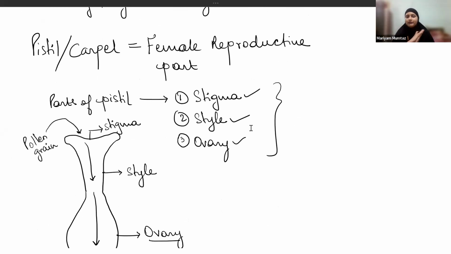All right. So we will be talking about the female reproductive part, which is known as the pistil or a carpel. Now, do you remember that the pistil or carpel is a unit of what?